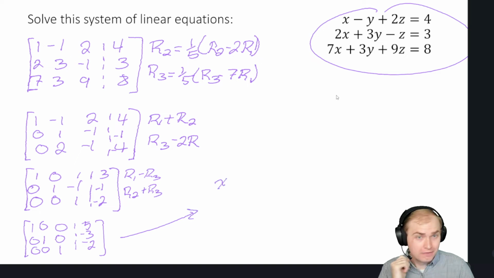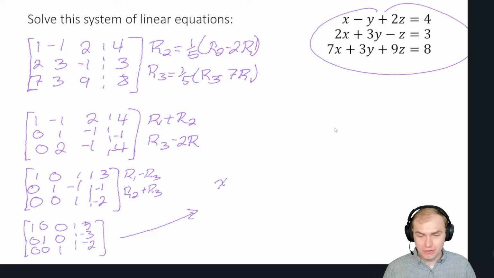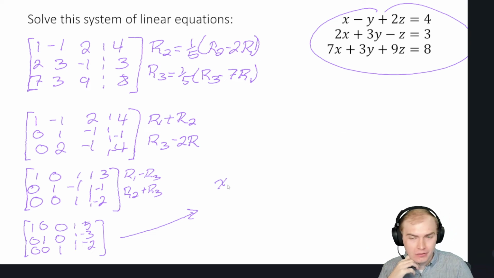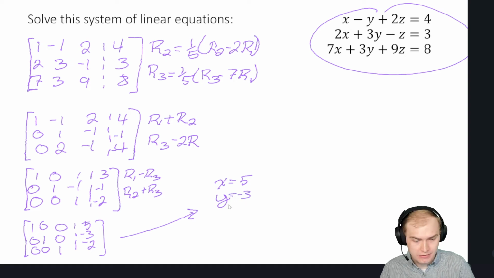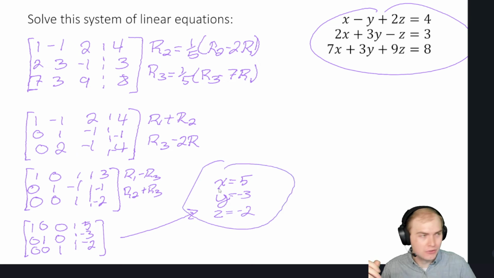That tells us that for this system of equations, and for whatever real-world made-up word problem this system represents, this is the only solution to that problem that's feasible.